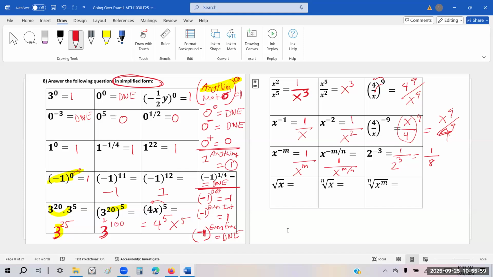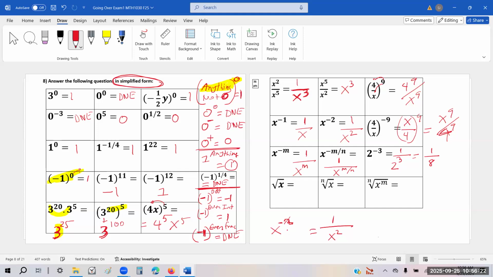On the other hand, negative makes the entire thing a fraction. So if you have x to the negative 2, this is 1 over x to the positive 2. You have a big 1 and then the entire thing is in the denominator.